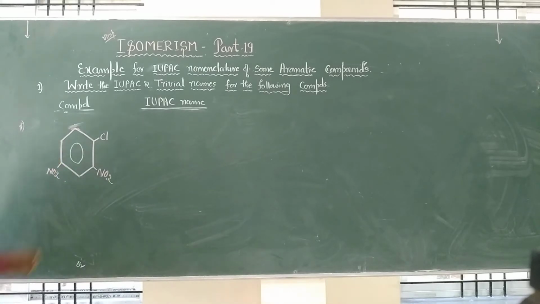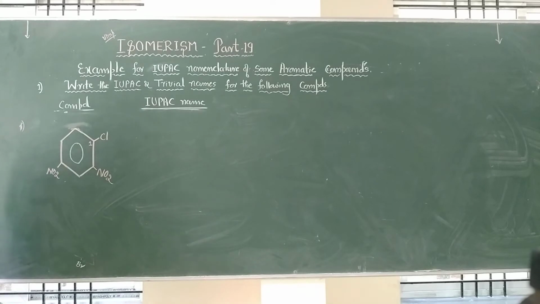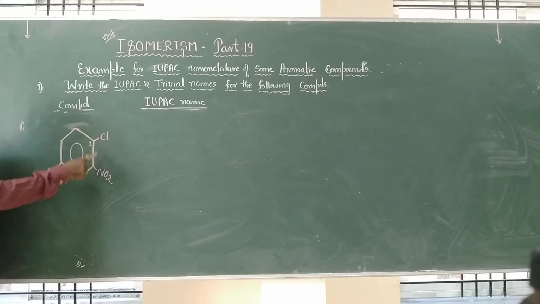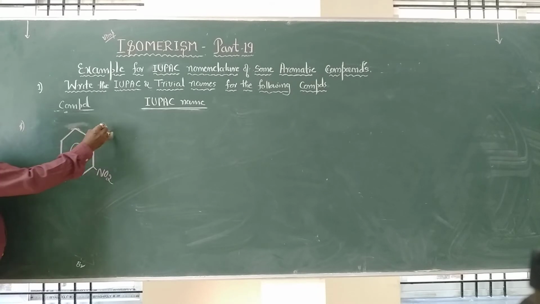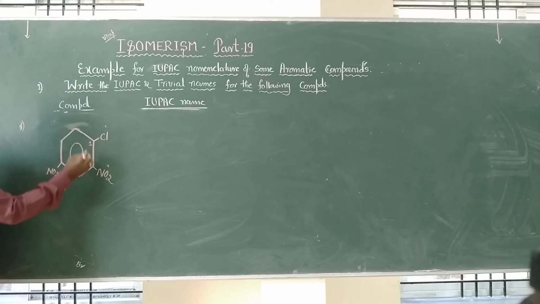Then what happens? Numbering, this will be number 1, because wherever this functional group, chlorine is earlier to nitrogen, C comes first, N comes afterwards. So this will be 1, clockwise numbering, 2, 3, 4, 5, 6.